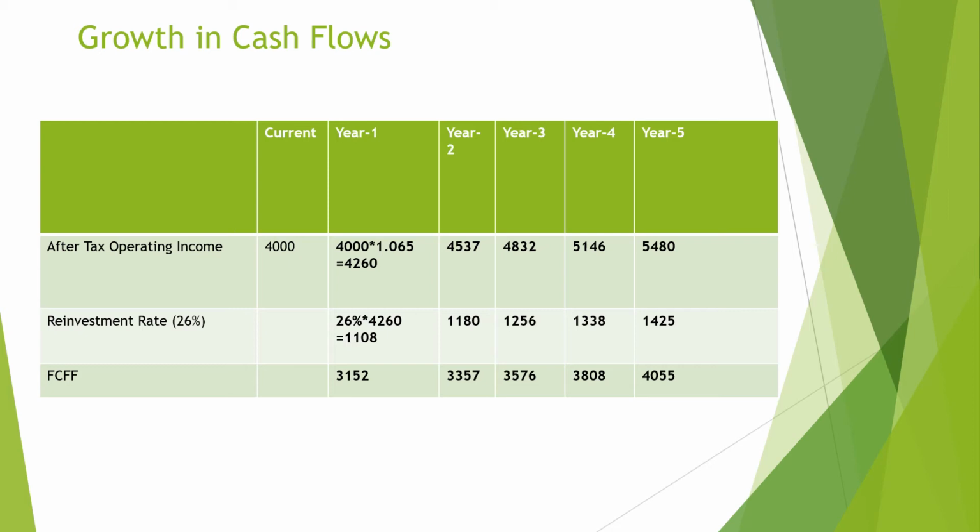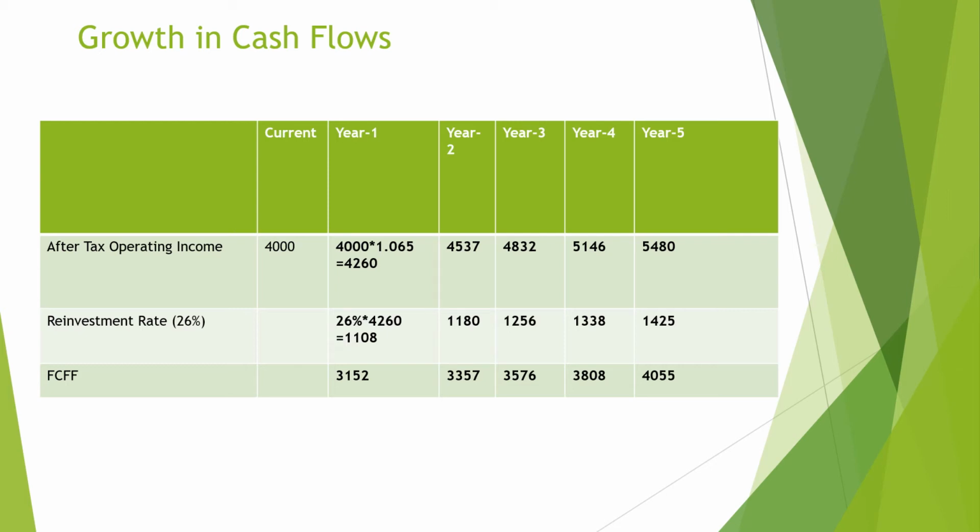So in the after tax operating income row, we have calculated incrementally 6.5%, and 26% of that value is getting reinvested back into the business. So how much is available for the entire firm, which is FCFF, is nothing but, for example for year one, 4260 minus 1108.